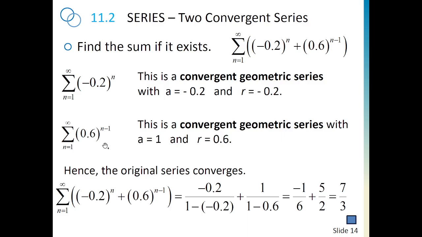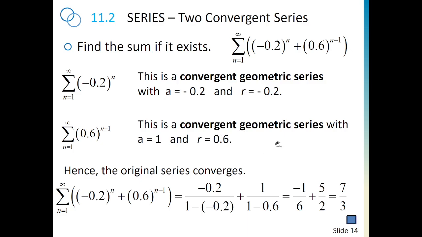With 0.6, here, pay attention, we start from 1, and the exponent is n minus 1, so the first term has 1 minus 1 in the exponent, so 0. 0.6 to the power 0 is 1, so the first term will be 1, and then the common ratio is 0.6. So again, we have a common ratio smaller than 1 in absolute value, so we have a convergent geometric series.